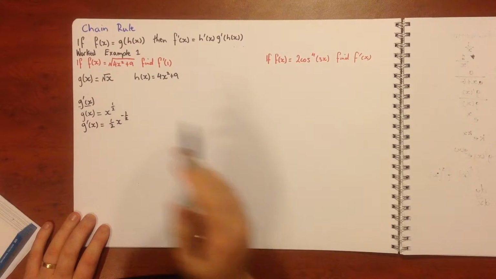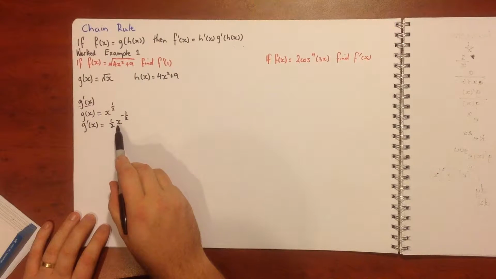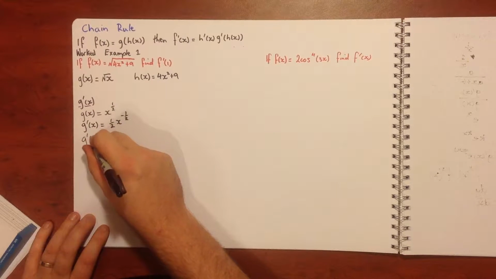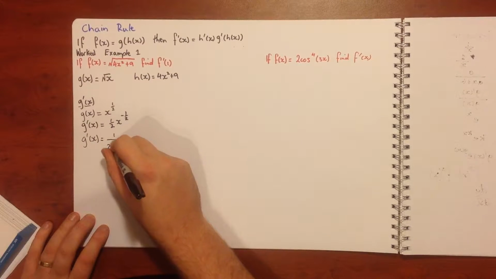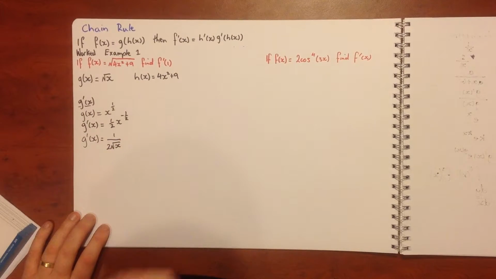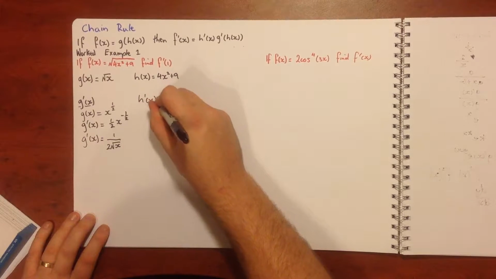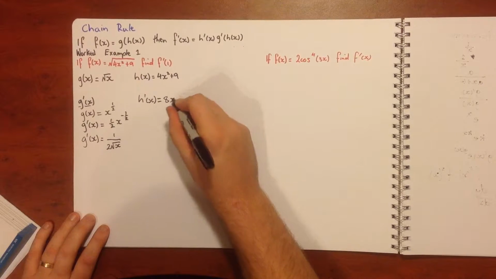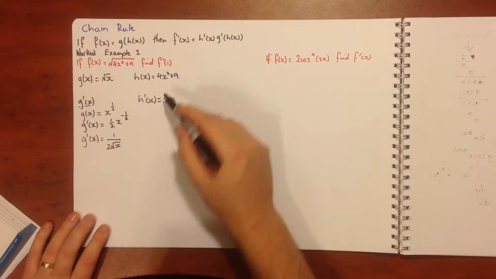From before, we bring our power down the front and then reduce the power by 1. So g dash of x is equal to 1 over 2 root x. When we look at h dash of x, it's a little bit more straightforward: bring our power down, make it 8x to the power of 1, we don't worry about that power, and constants just disappear, so our 9's gone.